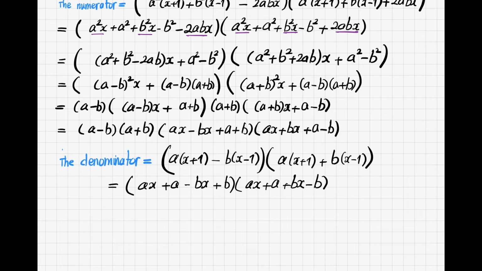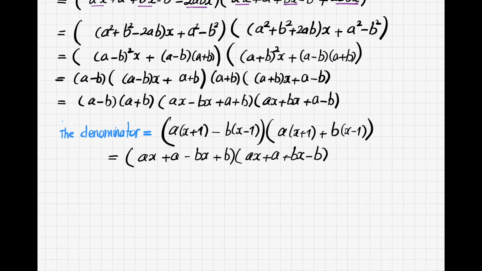Yes? And then I really don't need to go further, because if you see, this factor that appears here is exactly one of these factors. Yes? ax is ax, minus bx is minus bx, and then I have positive a, positive b. Here I also have positive a, positive b. And the same thing here. This is exactly this expression.